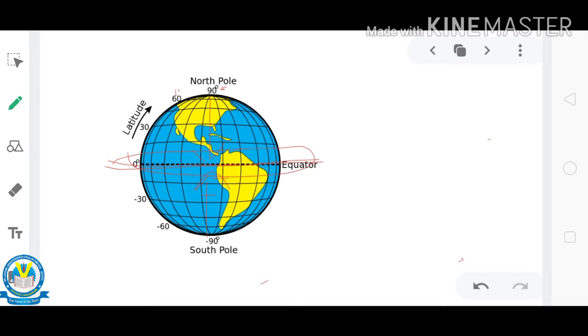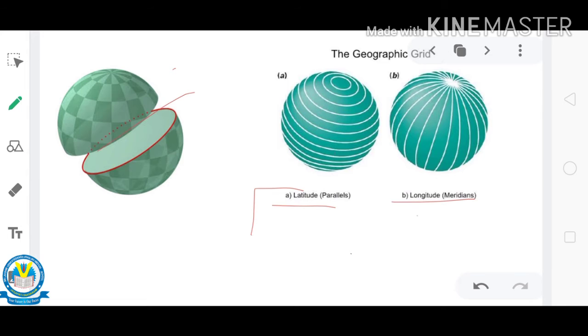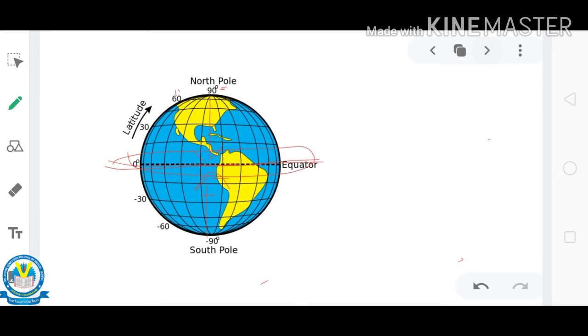It divides the earth into two parts. This is the circle designated as 0 degrees latitude.